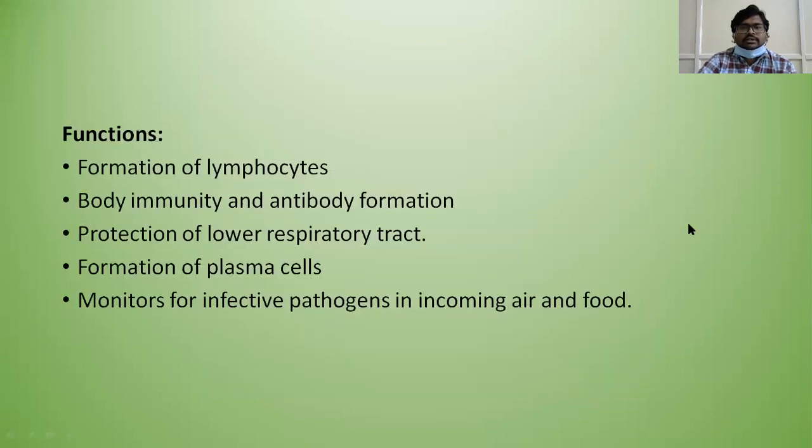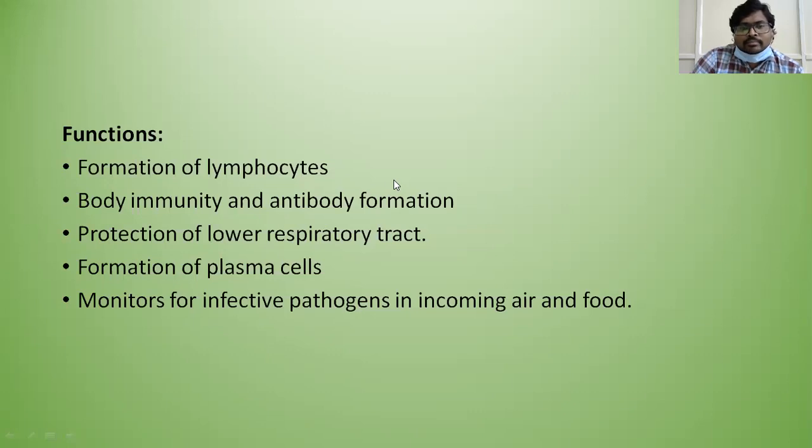Now coming to the functions of this Waldeyer's ring, briefly. It helps in the formation of lymphocytes. These lymphoid structures contain antigen presenting cells. They capture the antigen and present it to the B lymphocytes. Then B lymphocytes mature to form plasma cells and secrete antibodies, which produce humoral immunity.